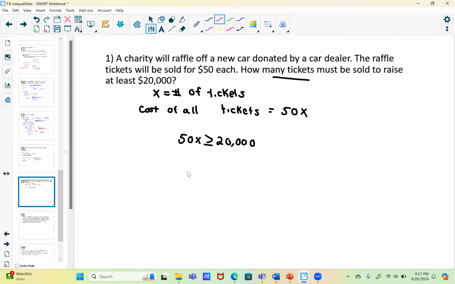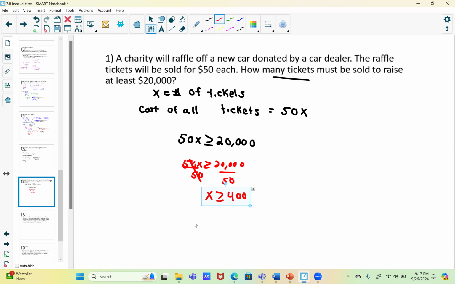And then we solve it. So we have 50x is greater than or equal to 20,000. To solve this, we divide by 50 on both sides. And again, we don't flip it unless we divide by a negative. Since I'm dividing by a positive, I'm not flipping the sign. And so I get x is greater than or equal to 400.